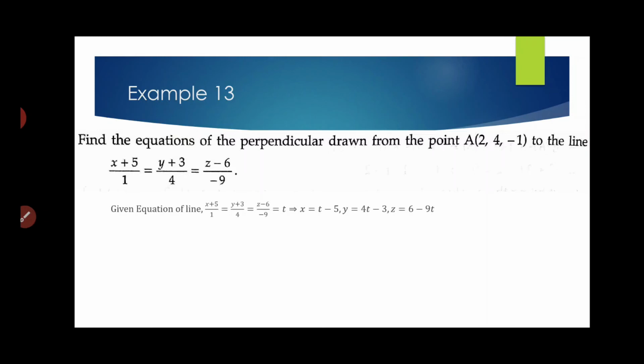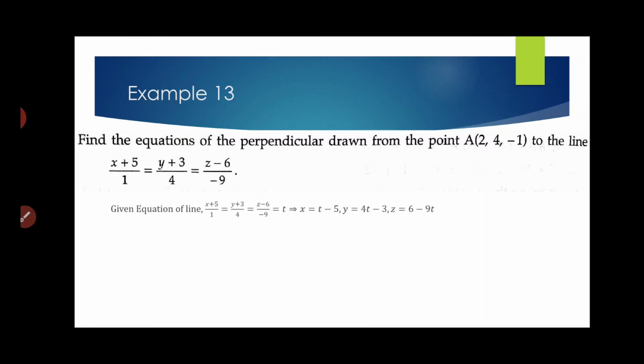First I need to find the general coordinates of the points on the line. And once I have found that, I have to find the equation of the perpendicular. I know that if I take the dot product of the direction ratios of this line with the perpendicular, then it must be 0.